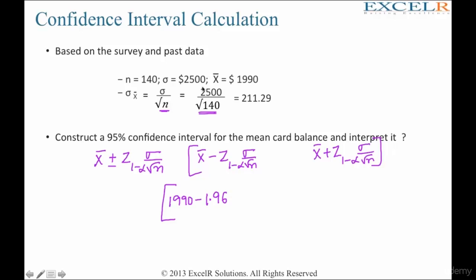Sigma is 2,500 divided by square root of n would give you 211.29. So that value directly I'm substituting here, 211.29. And here you have X bar plus Z1 minus alpha into sigma over square root n, which is 211.29.